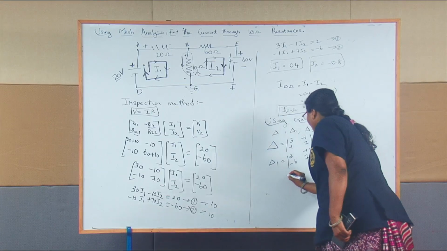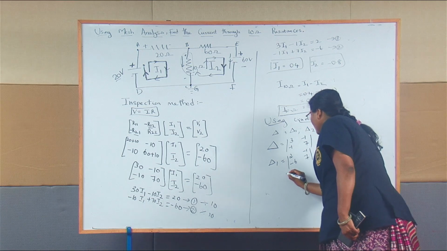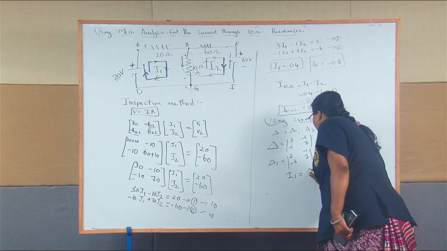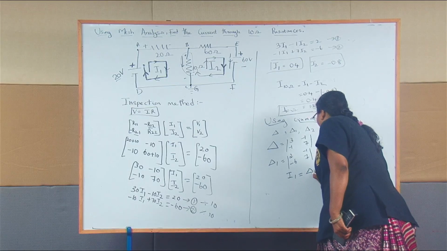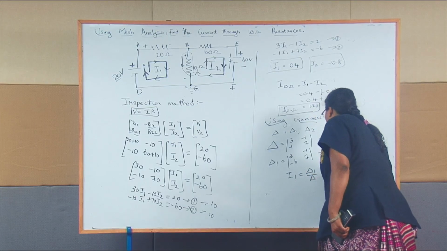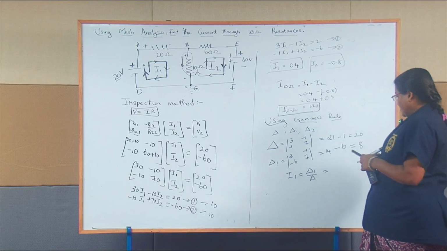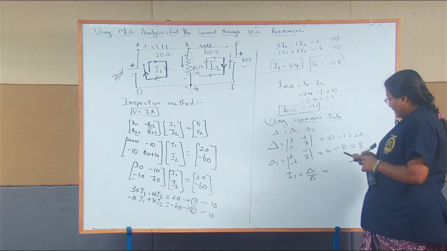Okay. So using Cramer's rule, I1 is nothing but del 1 divided by del. Del 1 is 8, del is 20.